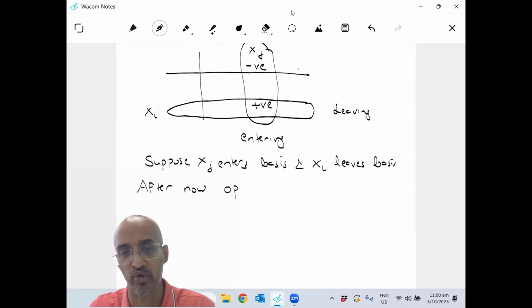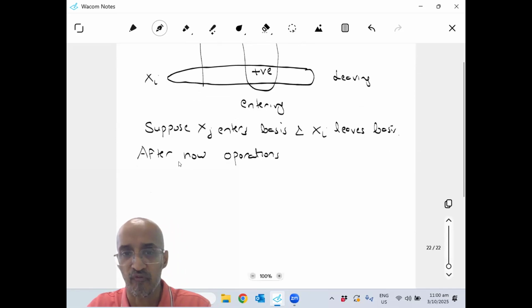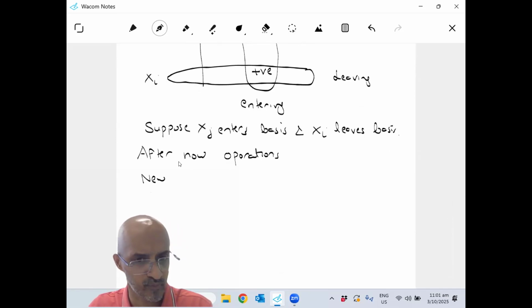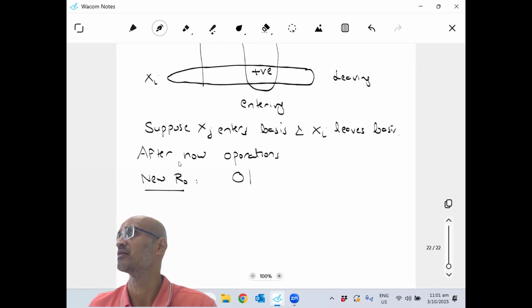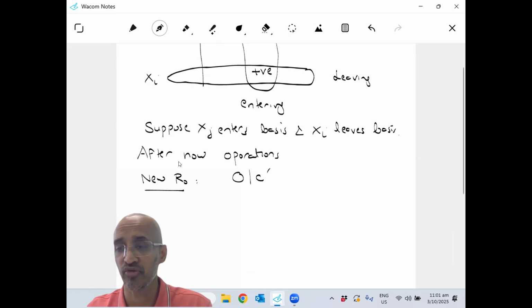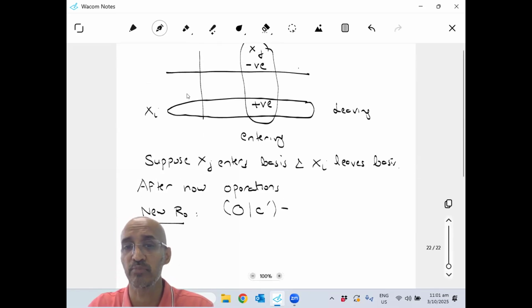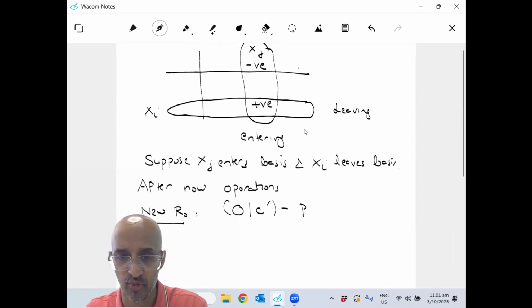We hope that our top row, the new row naught, is of the type zero, C transpose minus, we are doing row operations using the B and A, so it's some P transpose.